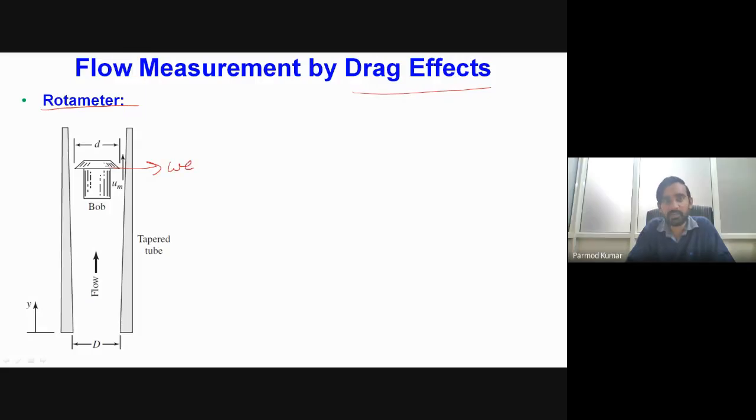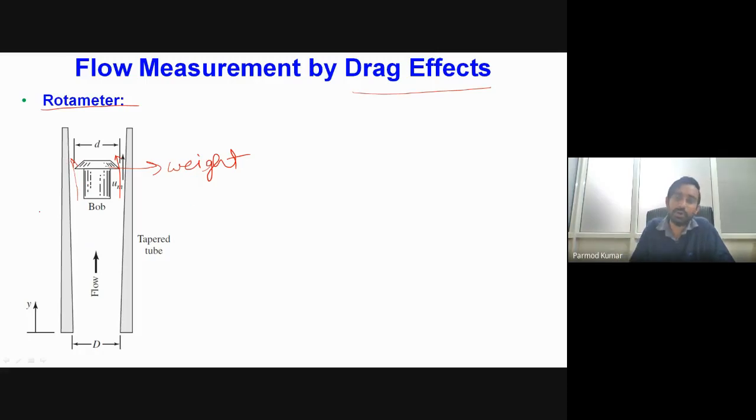Now while we have the flow in this particular direction, this bob will have a certain weight, so because of its weight it will try to fall in the downward direction, but we have the flow of fluid in the upward direction, so that flow of fluid will be passing through this annular cross section in between the periphery of the bob and this tapered glass tube.